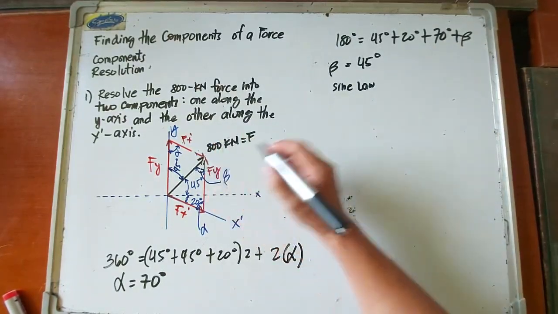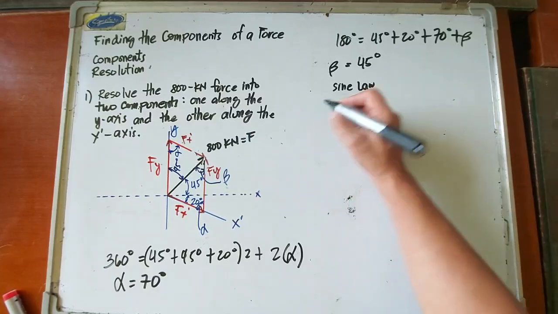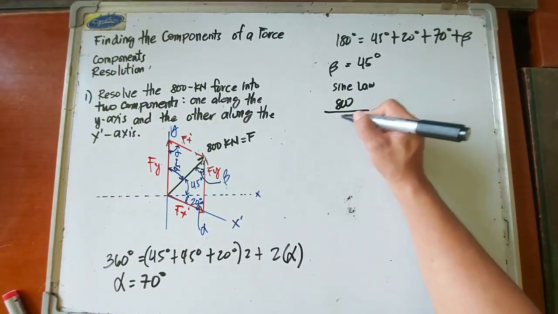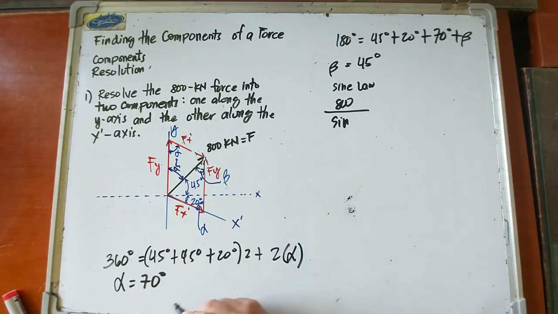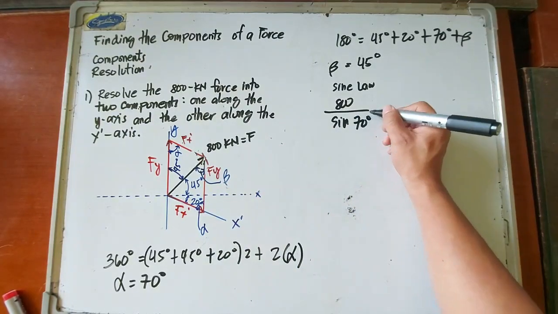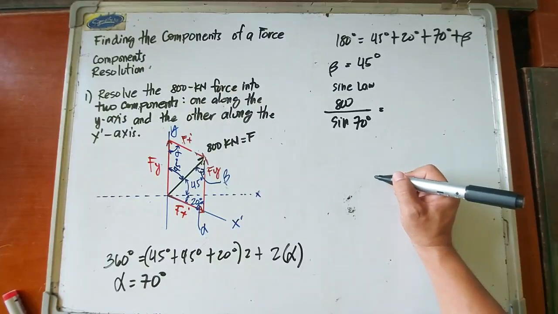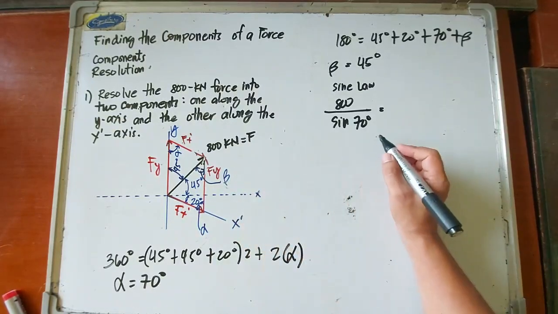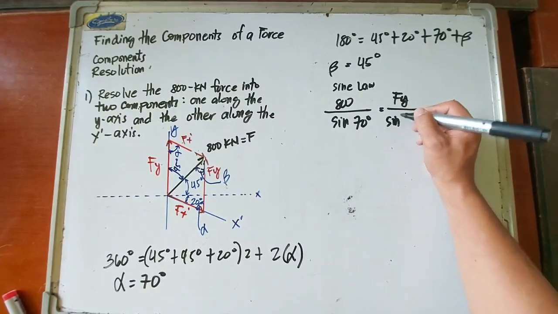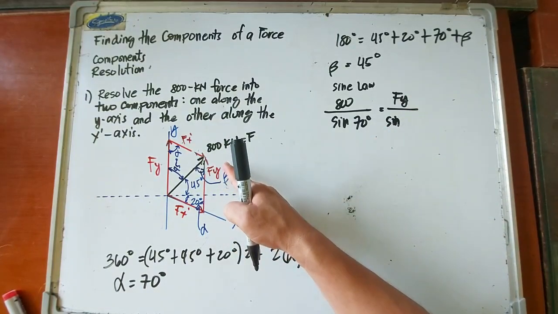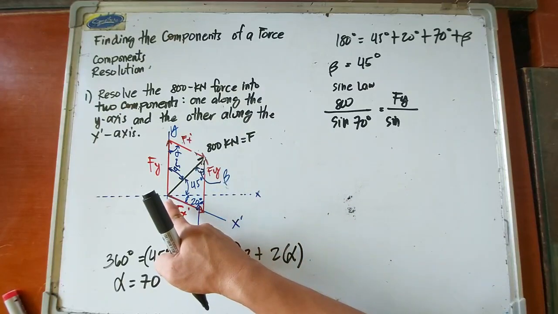Using sine law, you have 800 over the sine of the opposite angle. The opposite angle is angle alpha, that is 70 degrees. That is equal to, since we are solving for Fy, over sine of the opposite angle. The opposite angle of side Fy is 65 degrees.